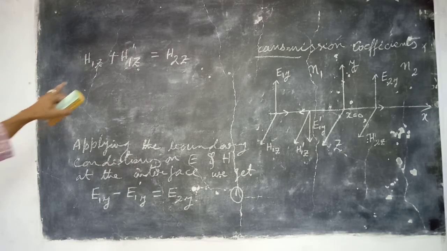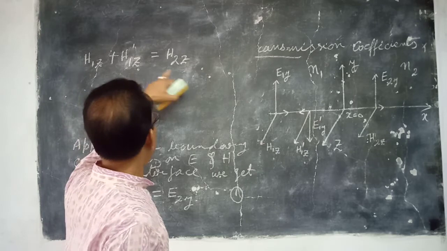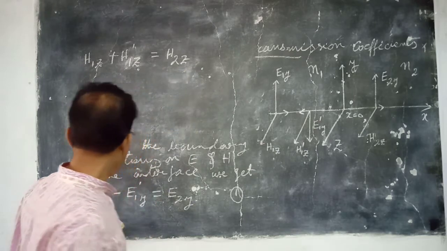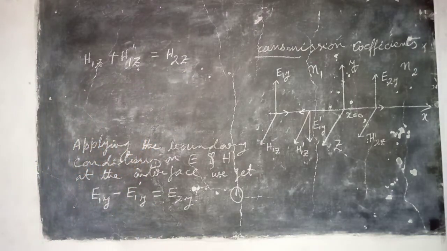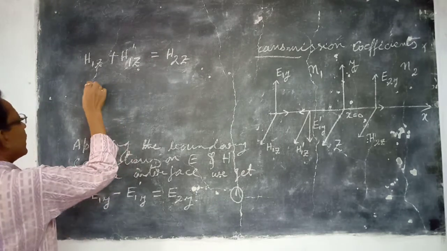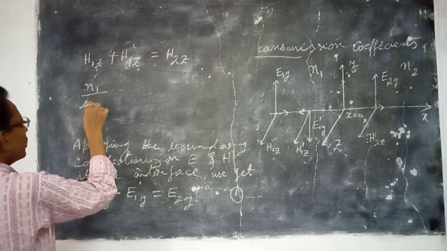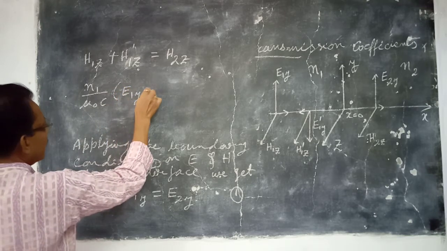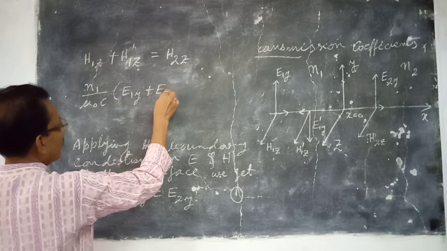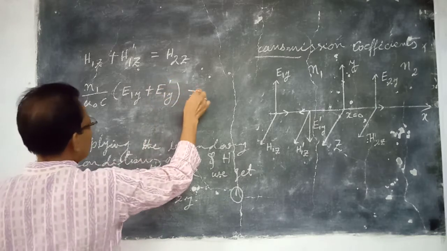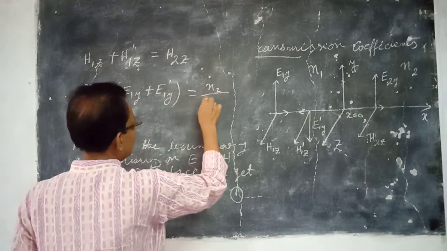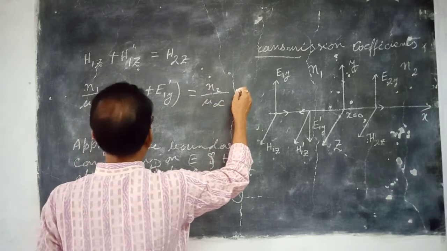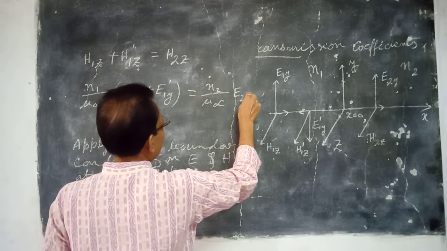Now, if we substitute the values of H1z, H1z prime and H2z in terms of the electric field, we get n1 by mu 0 C into E1y plus E1y prime is equal to n2 by mu 0 C into E2y.